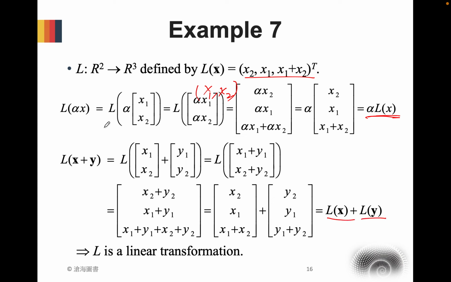Okay, so this strange mapping is actually a linear transformation because it satisfies both of these properties. So this is a mapping from lower dimension to higher dimension.